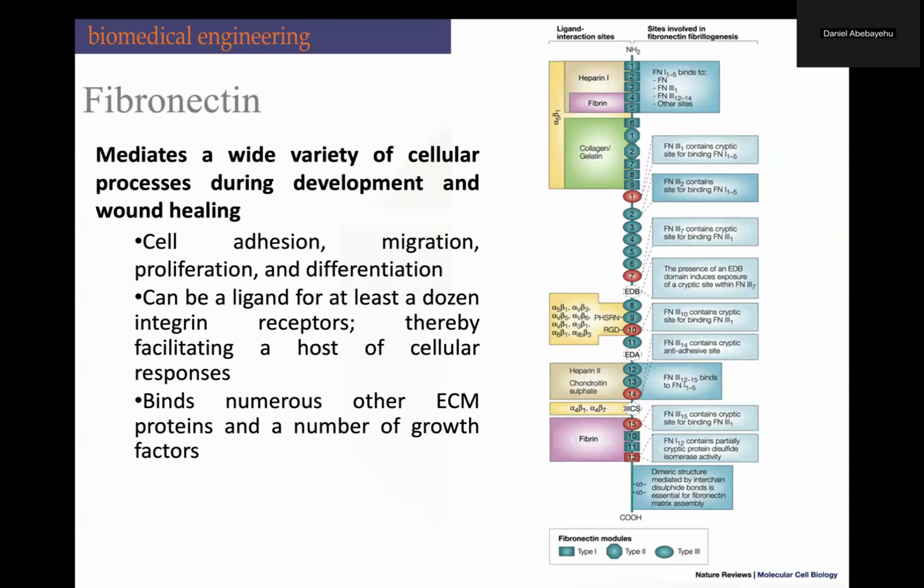We have collagen binding domains, and then chiefly, this RGD domain right here is a classic amino acid residue that cells recognize via their integrins. And so the RGD domain is like the key cell binding domain based on that amino acid residue.